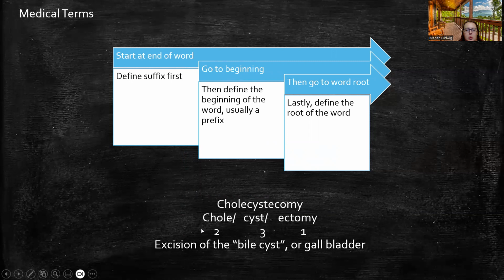So ectomy, go to the beginning, is chole. Chole means bile, and cyst means cyst, or sometimes bladder or gallbladder, commonly. So ectomy, cholecyst is how that would be defined. So we would say excision of the bile cyst, or we know that to mean gallbladder.